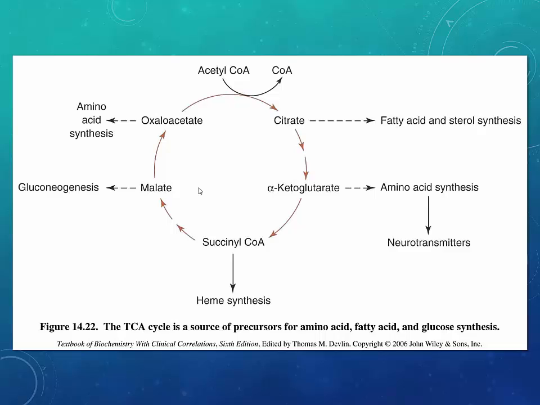Malate can be used in gluconeogenesis. Citrate goes on to fatty acids and sterols. As you can see, we have all kinds of outputs from the TCA. This is why TCA reactions are so important to survival of a cell. We can't really have failures in the TCA. There aren't many diseases, and the few that do exist are extremely dangerous.